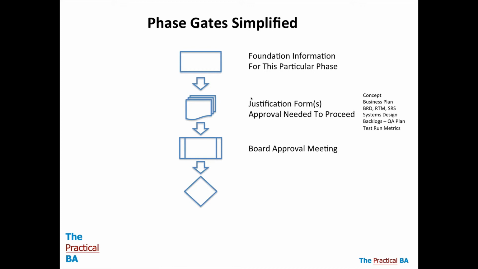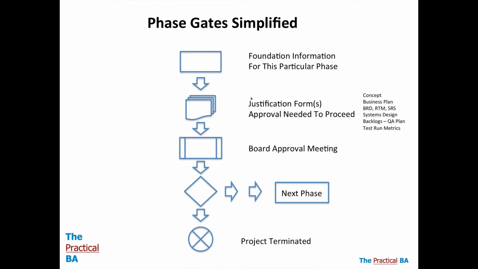Well, one of the variations is they say, you know what, it looks good to us, go on to the next phase. They could say, you know what, looking at what you've done so far, this project is just something we are not going to do at this time. They could kill it outright, or they could hit the big pause button and say, bring it back to us in the next quarter, next year, that type of thing.